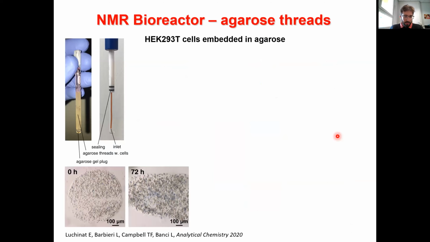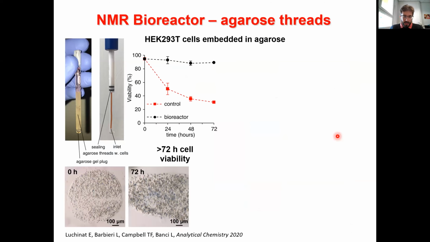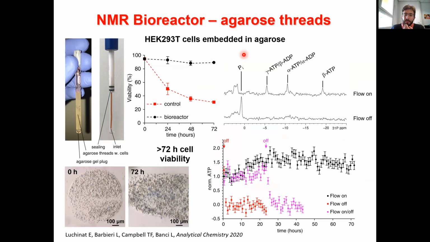With this approach, we obtained very good cell viabilities, estimated by trypan blue permeability assay, for up to 72 hours. We also checked that the metabolic activity was preserved, verified by measuring the phosphorus signal from ATP.